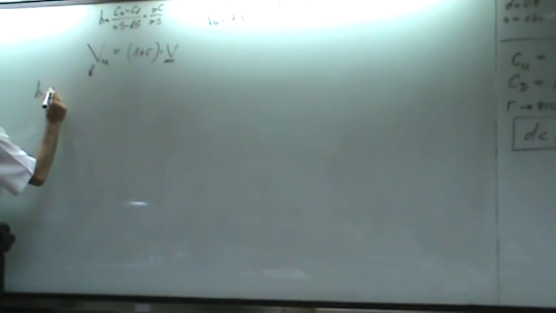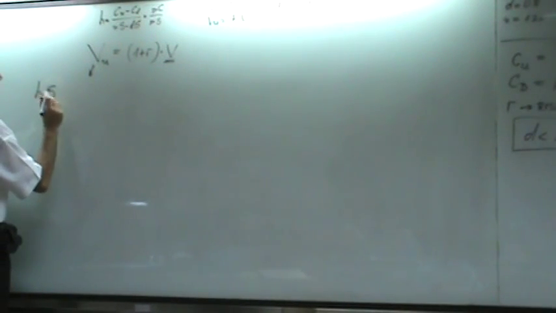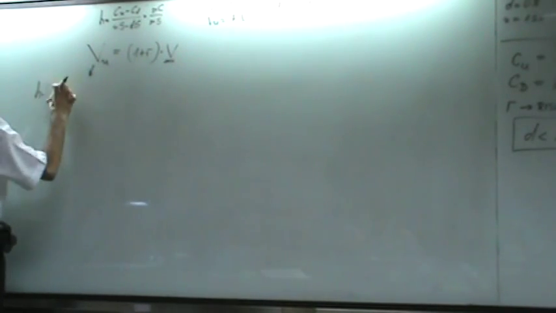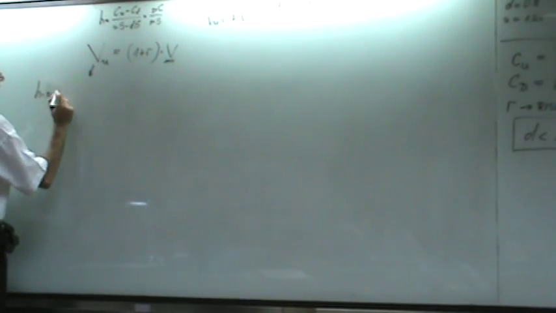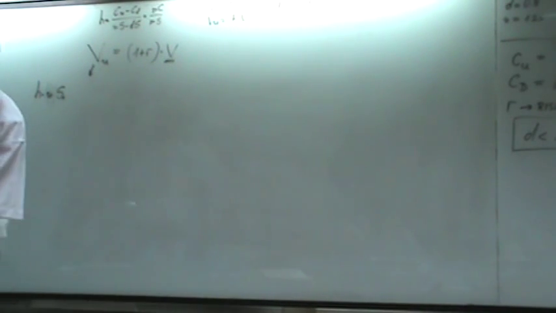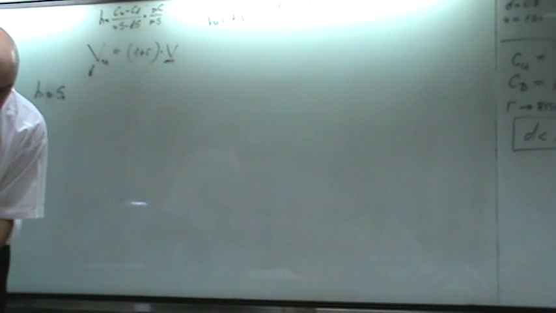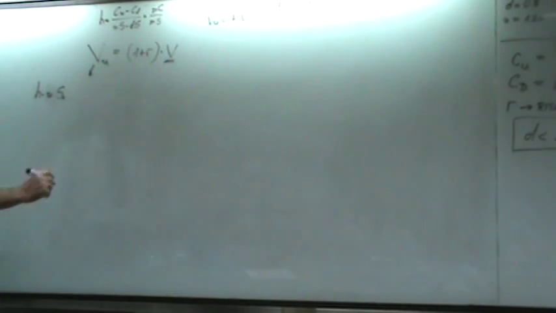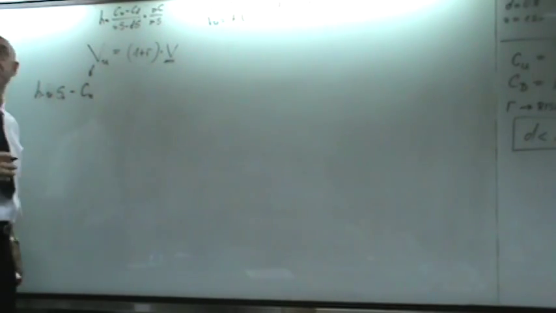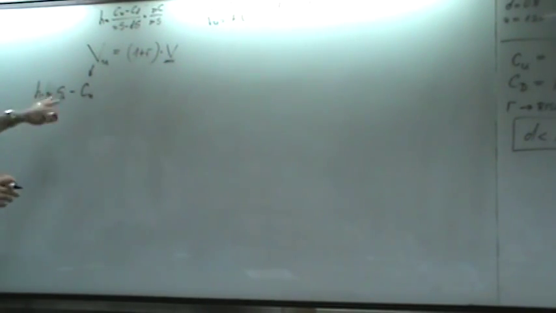So you got H times U times S0 minus CU, okay? So this is the VU part.